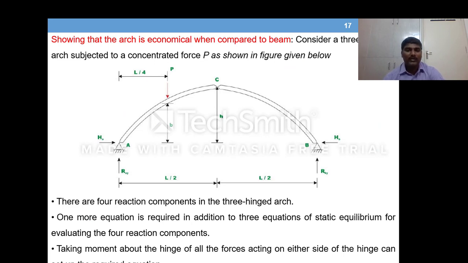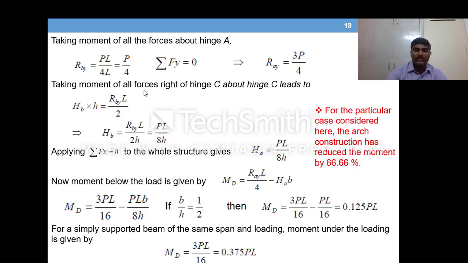Taking moments about A, it will be RB into L and P into L by 4. So RB into L is equal to PL by 4.